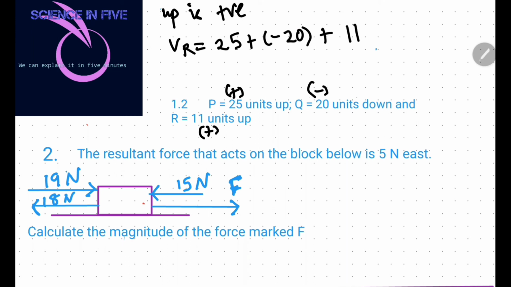This becomes 25 minus 20 plus 11. What's 25 minus 20? 5. 5 plus 11 is 16. So I'm getting 16 units up.